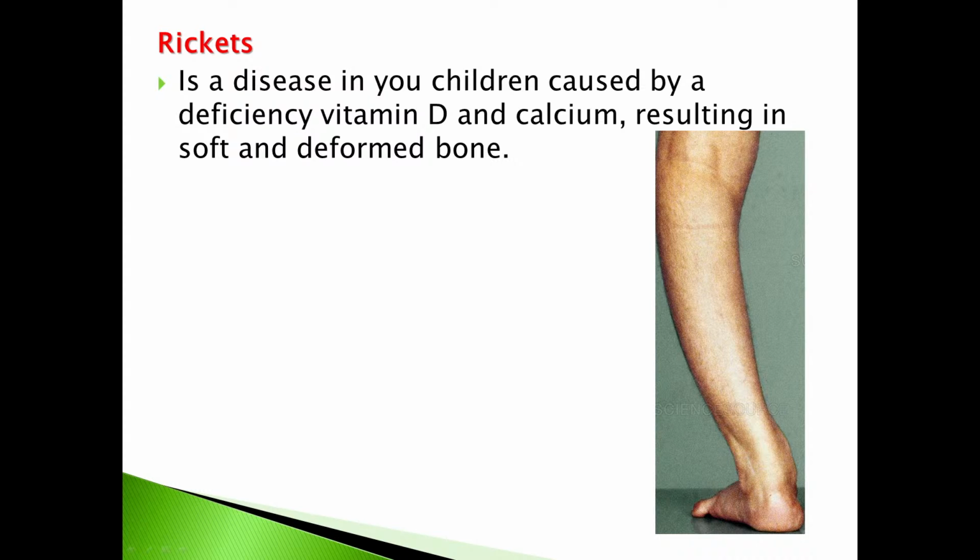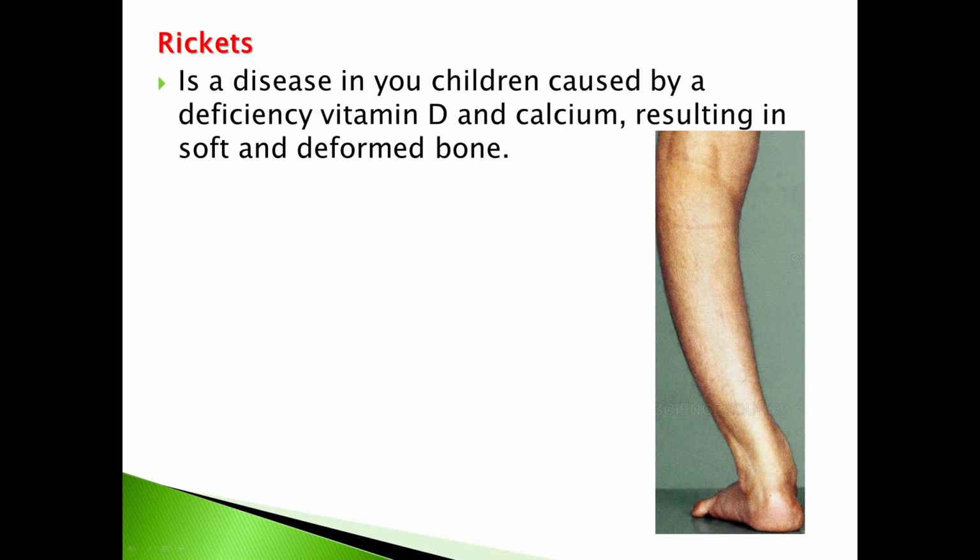Rickets is a condition that affects the skeletal system. If you're not eating enough vitamin D and calcium, the bones again are going to be extremely soft. As you can see, the leg basically bends. Because it is soft, it cannot bear the upper body weight, so it is going to crumble and bend. That is the negative effect of not consuming enough calcium or vitamin D. It causes this condition known as rickets, which means that your limbs grow out of shape.